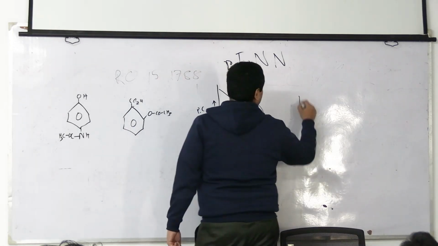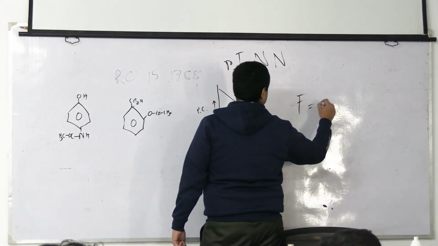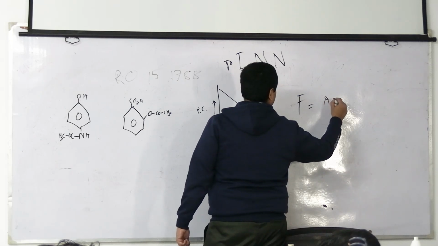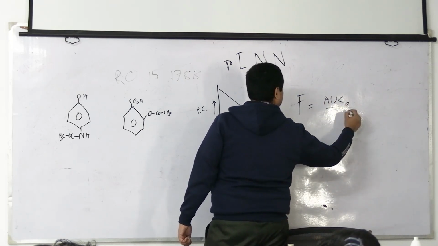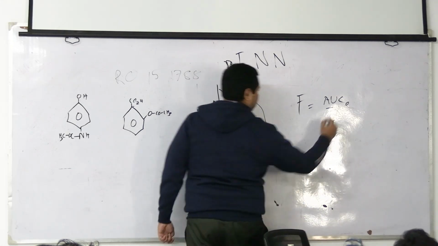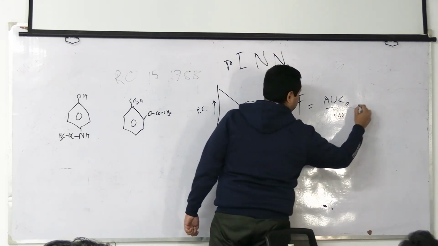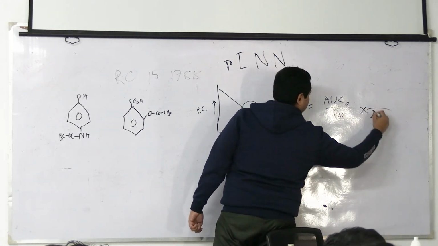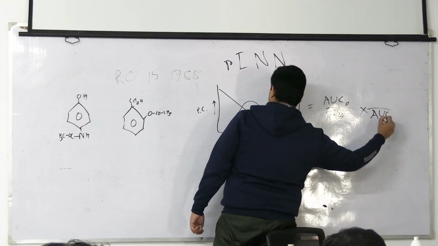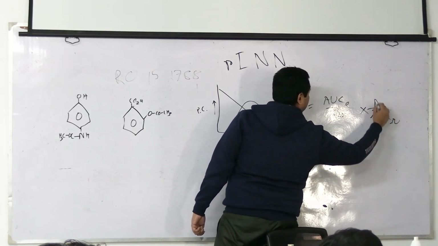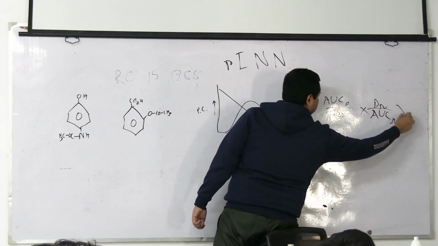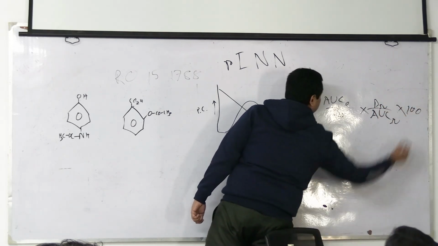So bioavailability is area under curve of oral route, dose given by oral route, divided by area under curve of IV, dose given IV, into 100.